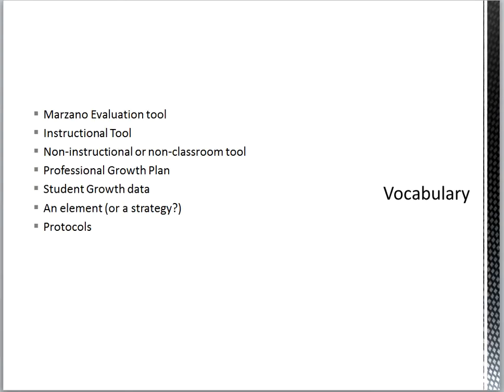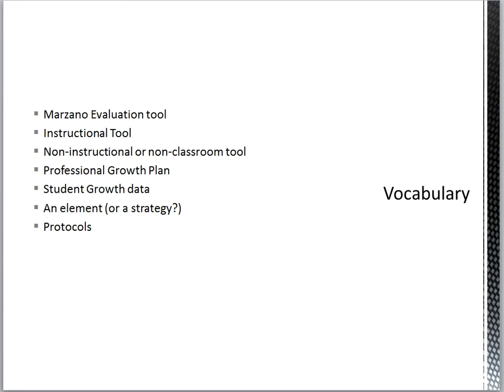So just a few pieces before I go into the tool too much, especially for those of you new to the tool or new to the district. When I say Marzano evaluation tool, I'm referring to the observation tool that your evaluator uses to observe your instruction or your work.